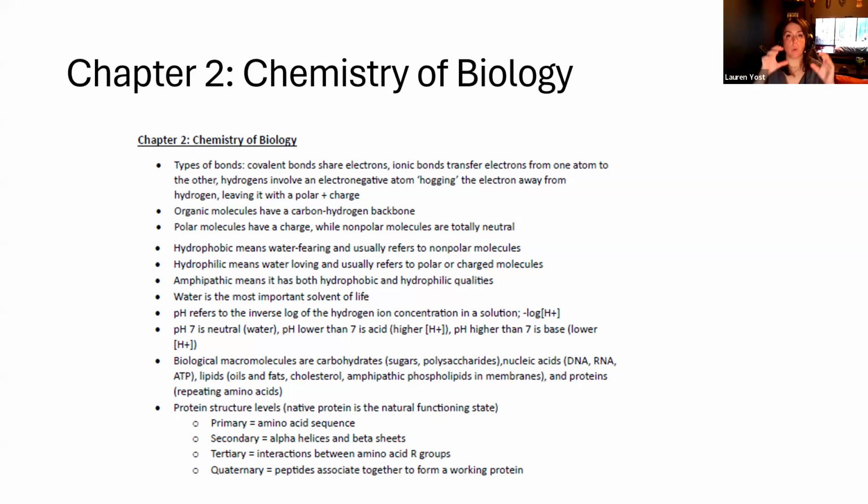Once we get away from one ribbon and start incorporating this ribbon with this other ribbon, and they interact with one another, that's quaternary. That'll be the functional protein for the most part. Like I said, sometimes you can have functional whenever it's tertiary, but that's not very common.